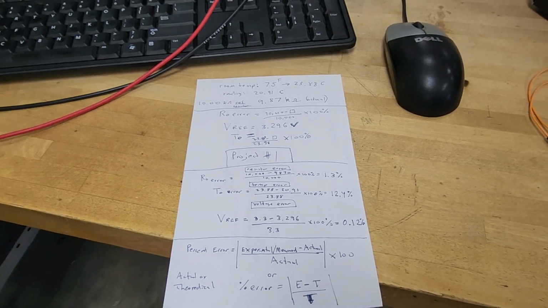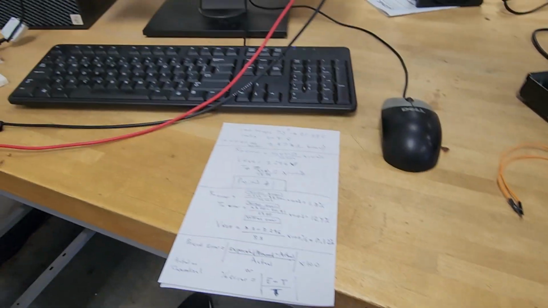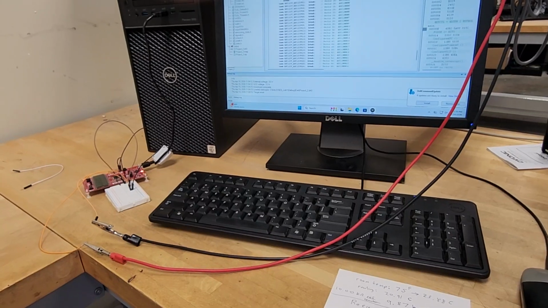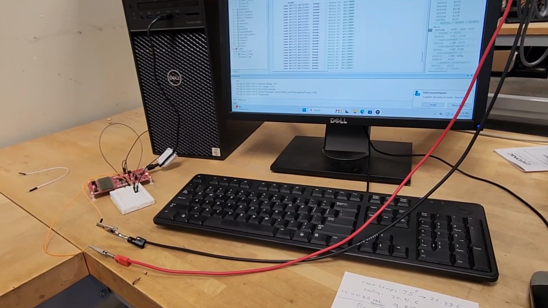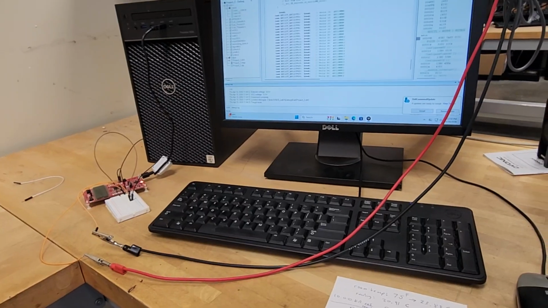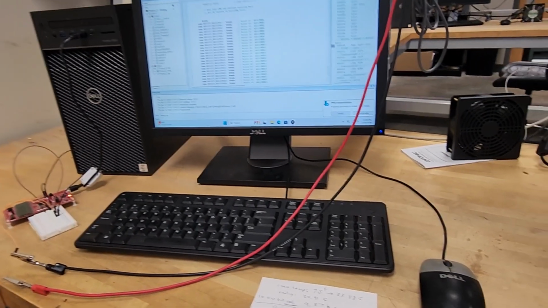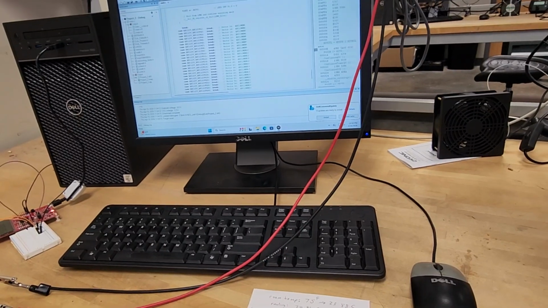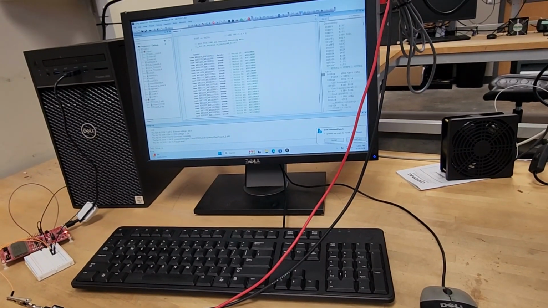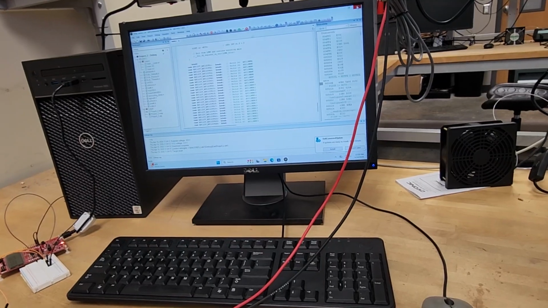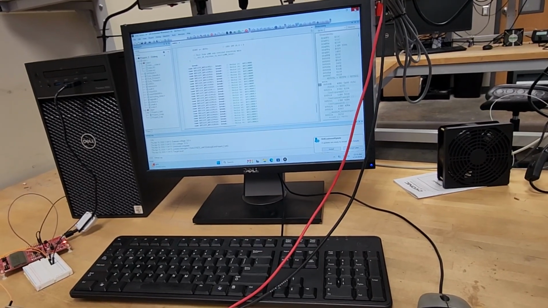Anyway, so we also have an explanation of the overall project. That will be that this project measures temperature using an NTC Thermistor connected to a MSP430 microcontroller.